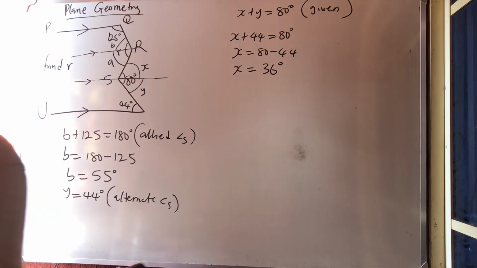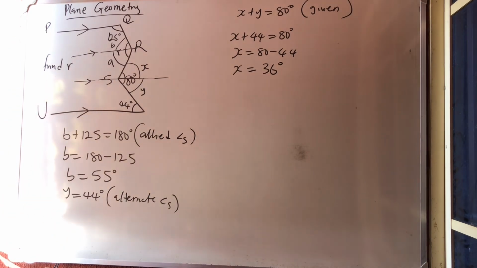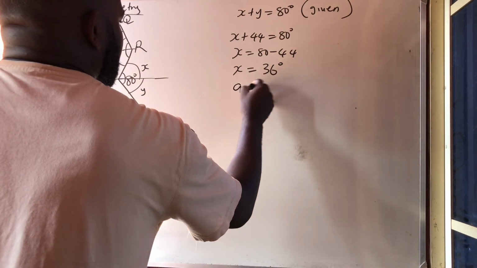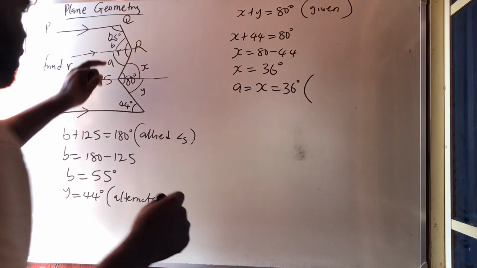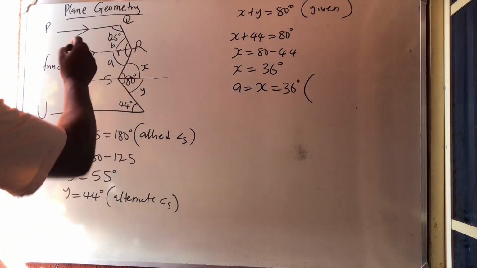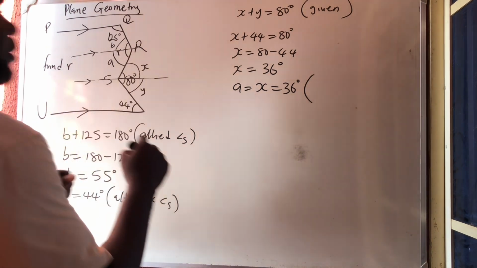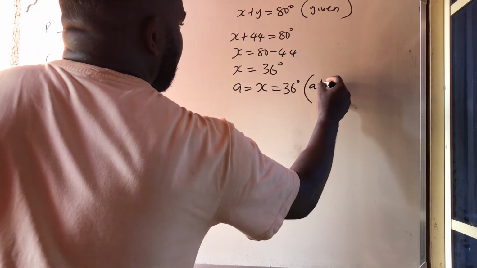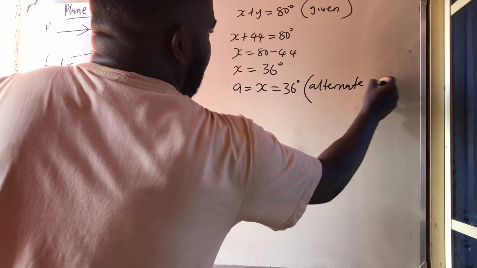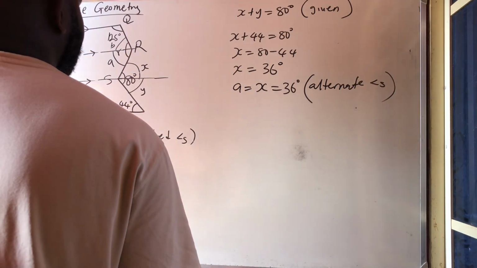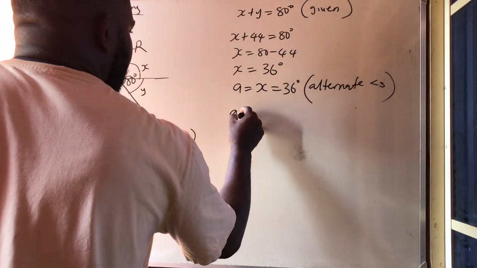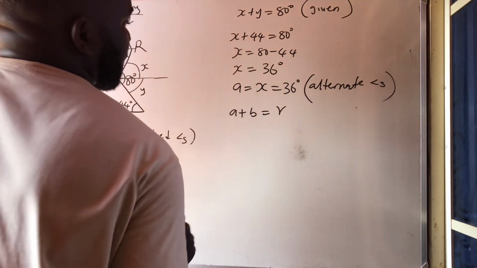If I've gotten x to be 36 degrees, do you know that my A is equal to my x, which is equal to 36 degrees? What's my reason? Look at another Z that they are forming. So the same alternate angles. Since I've gotten my A and B, if you add A plus B, it is equal to that R that I'm looking for.